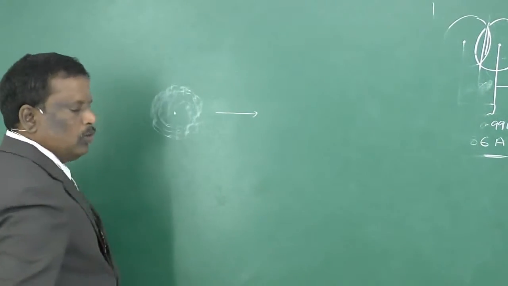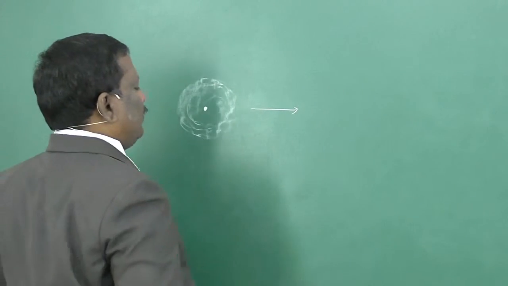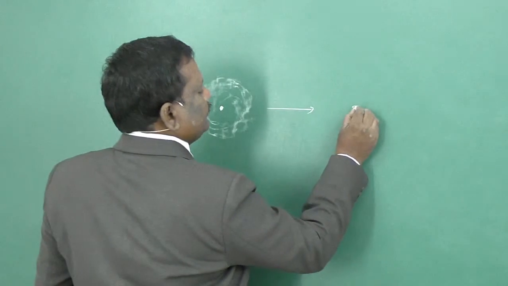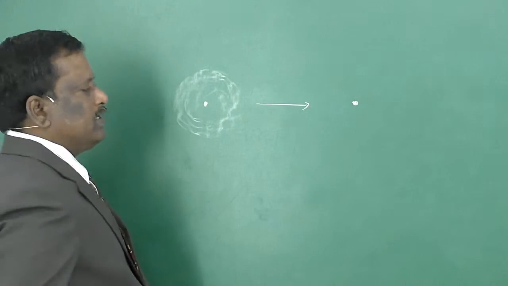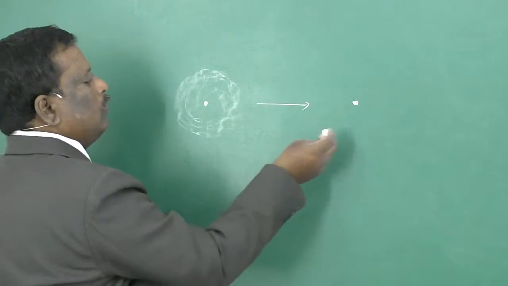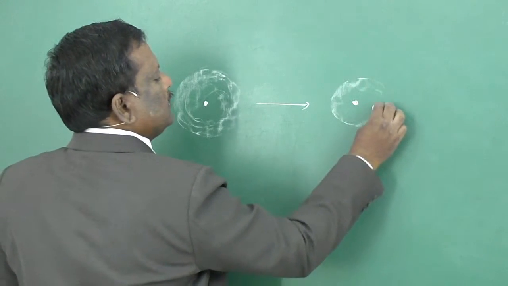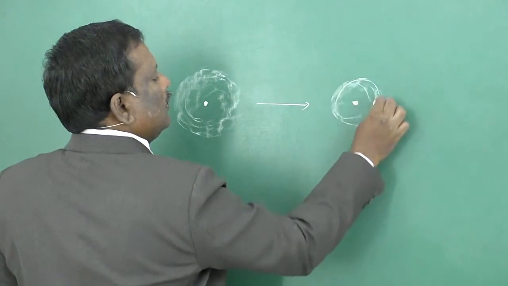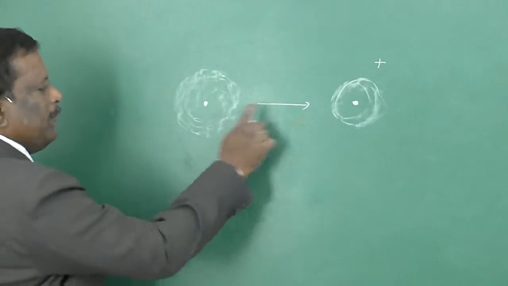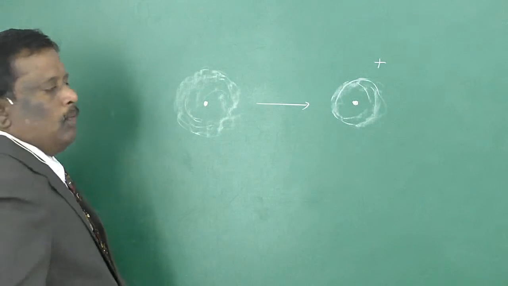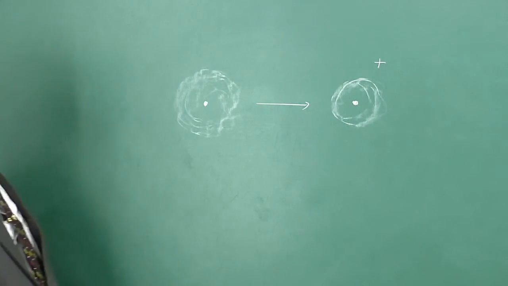One electron is removed, so there is no change in the total positive charge of the nucleus. When one electron is removed, the residual electrons will move closer to the nucleus. So this is a positive ion. For the same atom, the positive ion is much smaller than the neutral atom.